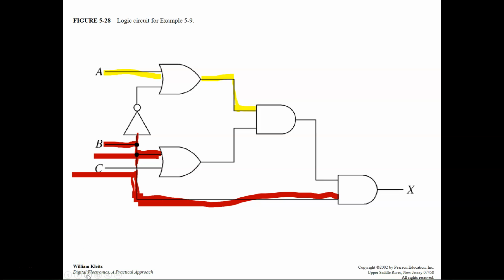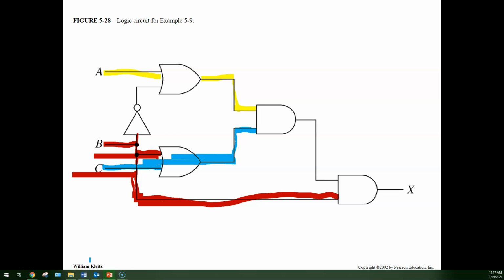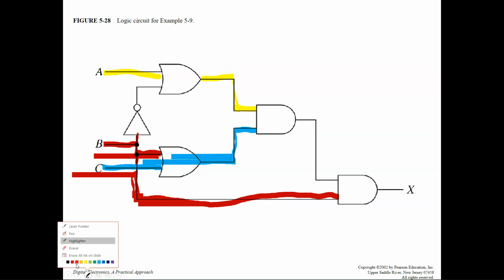So then let's take a look at signal C. C comes in and feeds this OR gate. As we know, anytime you start one thing in an OR gate, it comes through. That includes our signal for B. So either one of those signals will make a signal true.